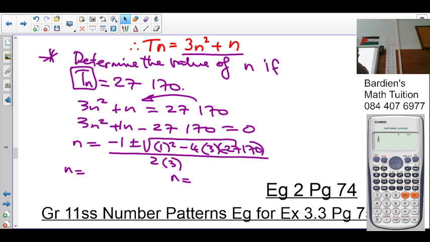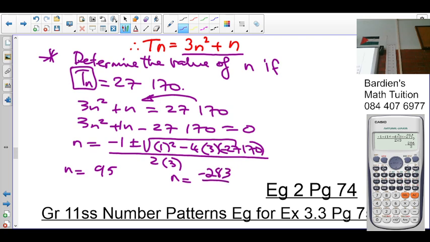Negative 1 plus the square root of 1 squared, which is 1, minus 4 times a times c, over 2a. It's going to give you 95, the first answer. And if I change that to a minus, it gives you negative 286 over 3.